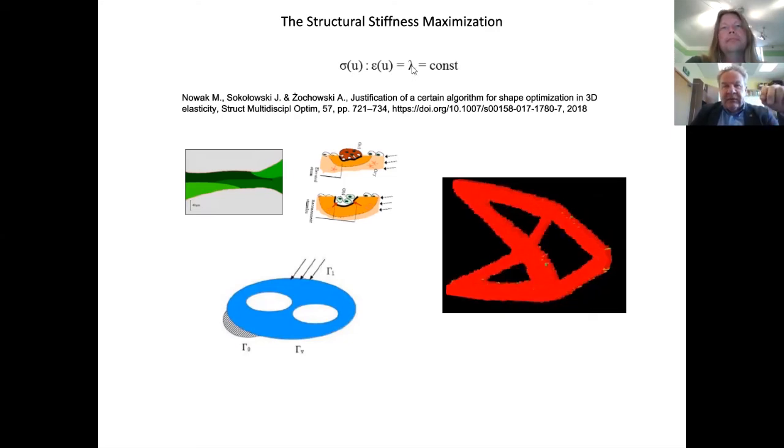So these two things decide that this bone is so complicated. There is no other way to obtain a very stiff structure with this material.